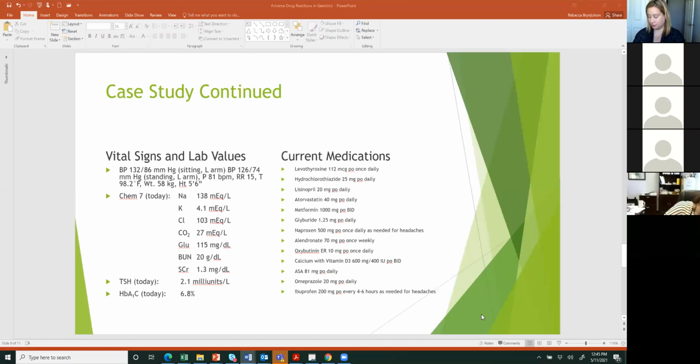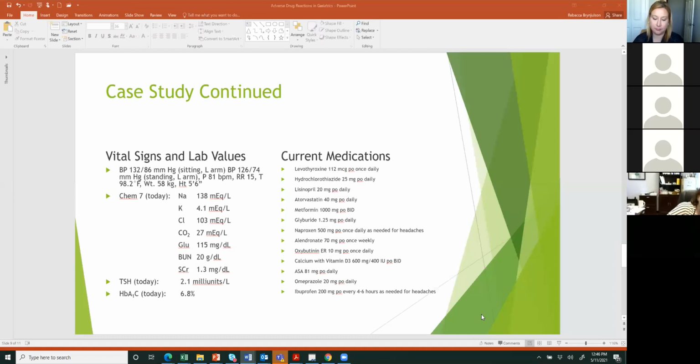And even though she's on a proton pump inhibitor, it doesn't eliminate that risk. And so we would still recommend that she not use naproxen or ibuprofen based on the Beers criteria, the drug-disease state interaction, and the availability of alternative medication. So for this patient, Tylenol would certainly be safer for the use of headaches as compared to ibuprofen or naproxen.